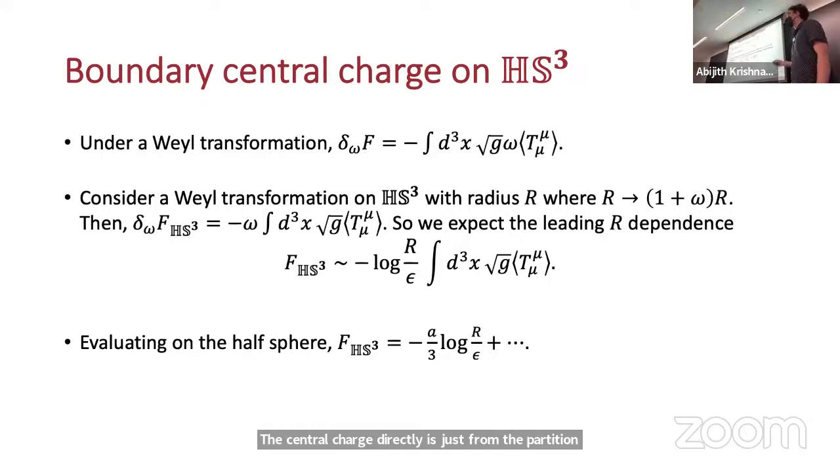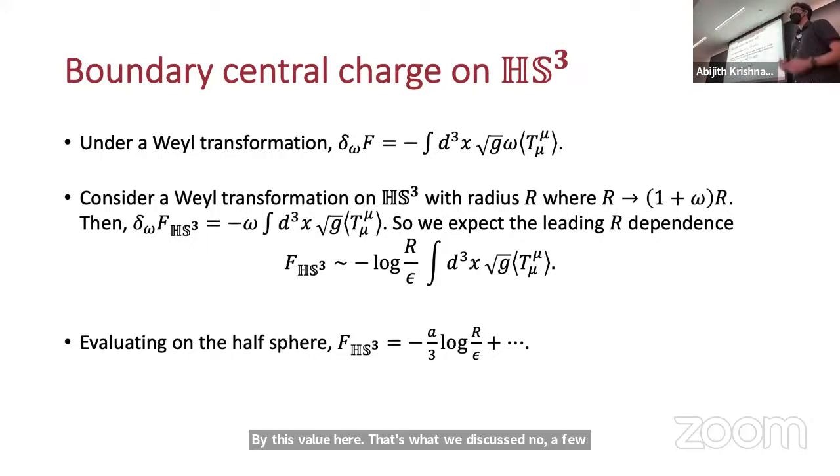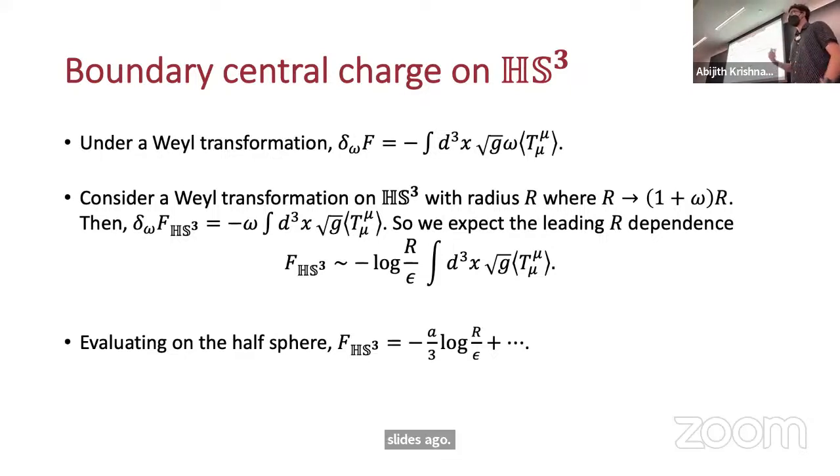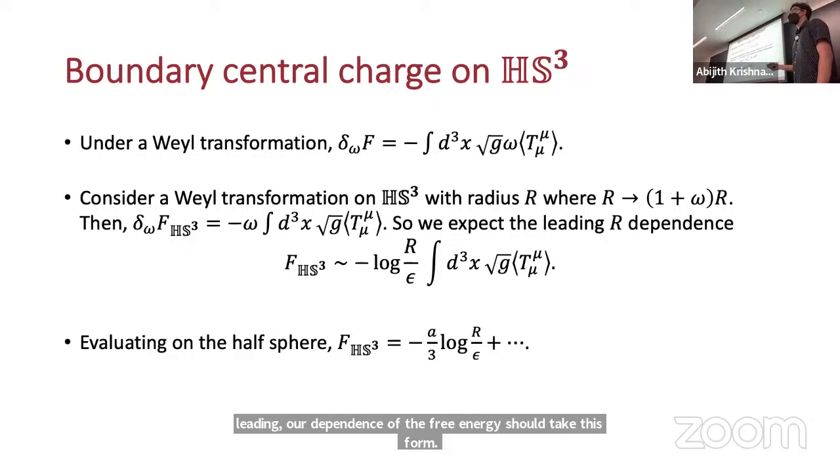Remember that under a Weyl transformation, the free energy changes by this value here. That's what we discussed a few slides ago. Now consider a Weyl transformation where we scale up the radius of our system. Then again, this relationship should follow. And so the leading R dependence of the free energy should take this form, where epsilon is just some distance cutoff.